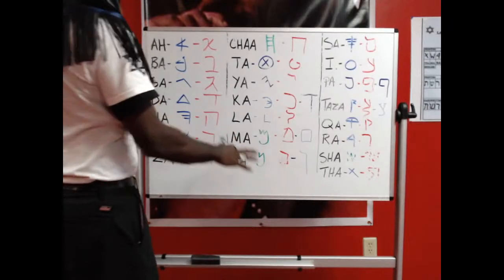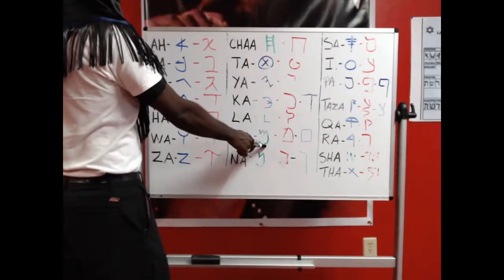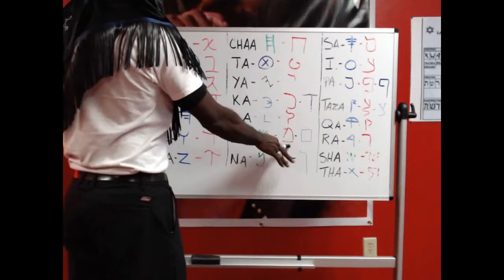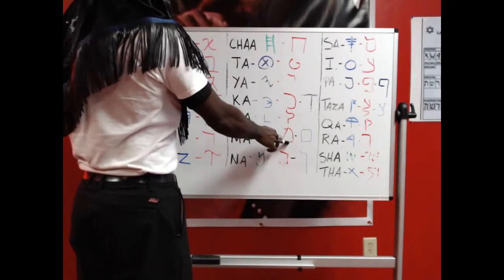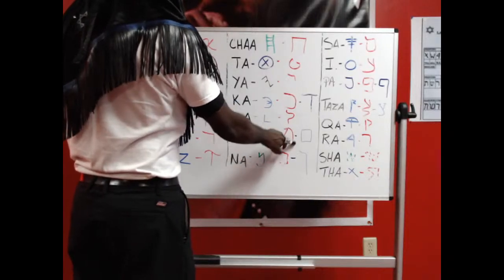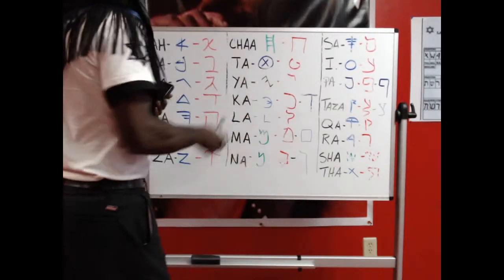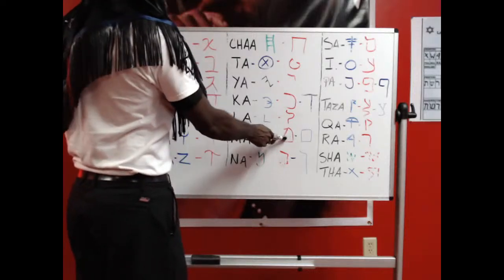Ma has two characters in the Assyrian, but here it is in the ancient. Here's the ma in the Assyrian. Now this ma right here, this first ma, when you see it in the beginning of the word or in the middle of the word, it's going to look like this character right here.